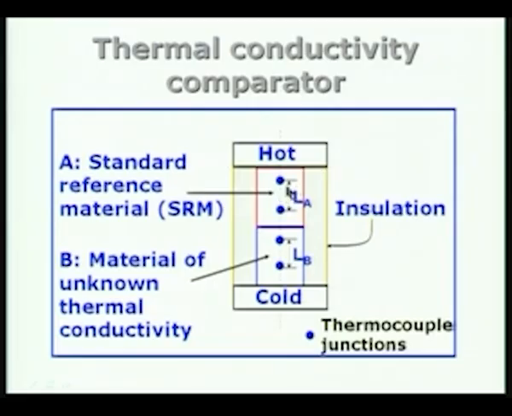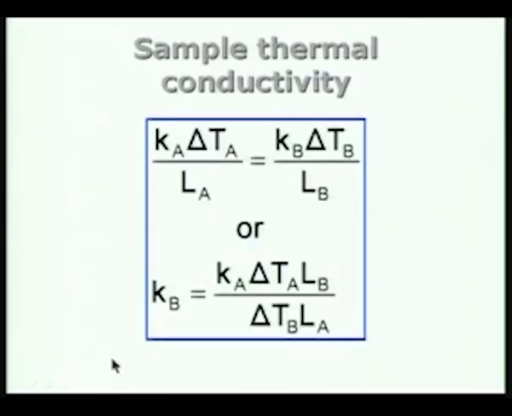So, what we do in this thermal conductivity comparator is to measure the 4 temperatures here, here, here and here. From these two I calculate the delta T across the length LA, I calculate delta T across length LB, and using the fact that the same amount of heat is transferred across the SRM as well as the sample, I can write Ka delta Ta by La.